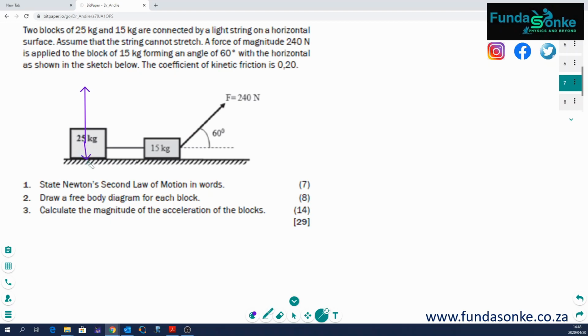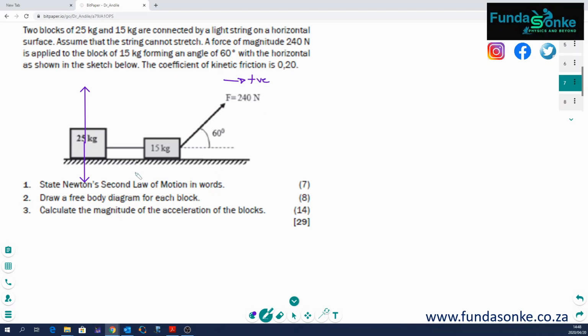And then you'll also have your weight, which is acting downwards like that. Now, if we assume that the right side is positive, this direction will be positive.